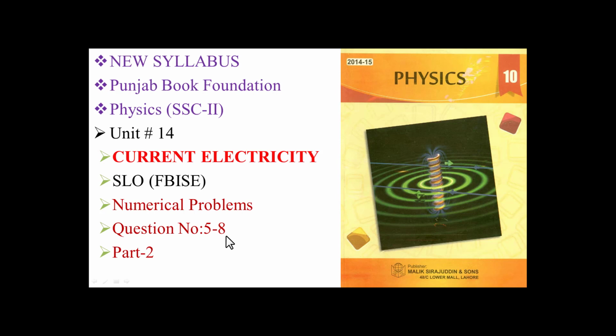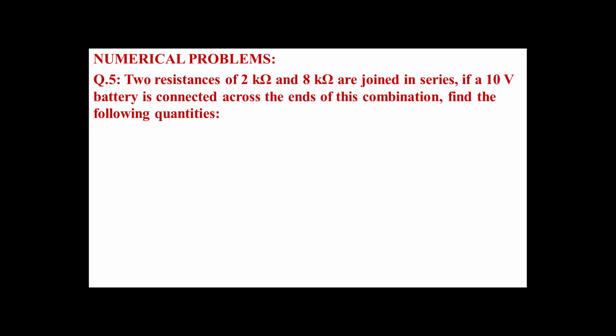Now let's start today's lesson on numerical problems, question number 5. Given statement: two resistances of 2 kilo ohm and 8 kilo ohm are joined in series. If a 10-volt battery is connected across the ends of this combination, find the following quantities.